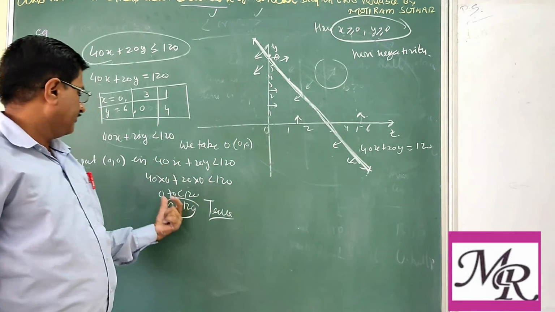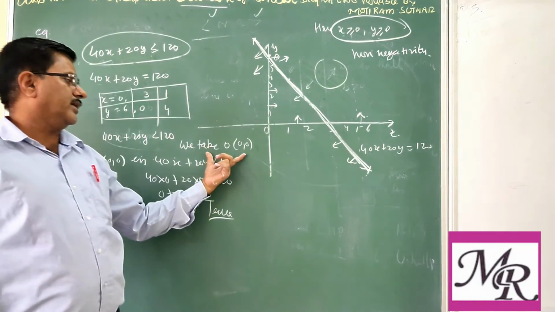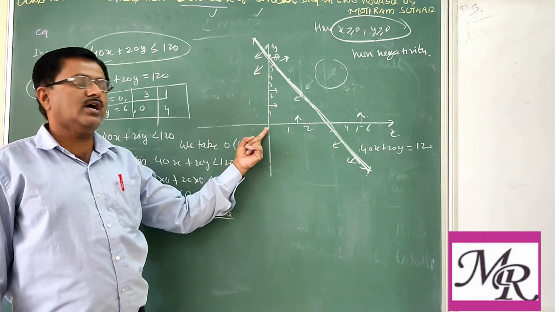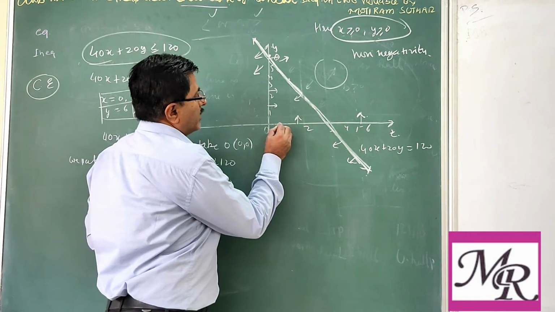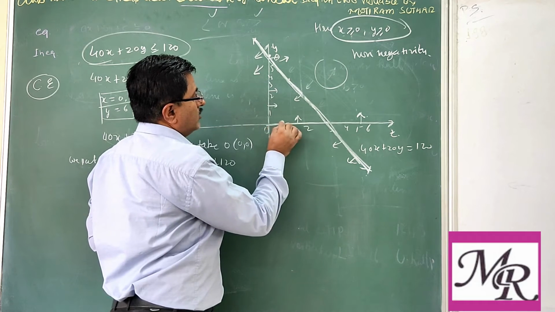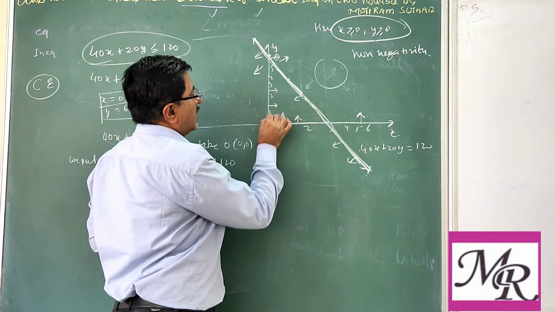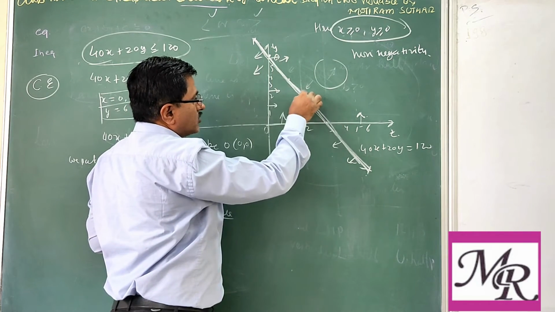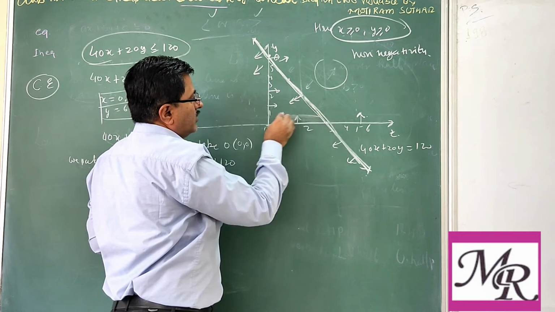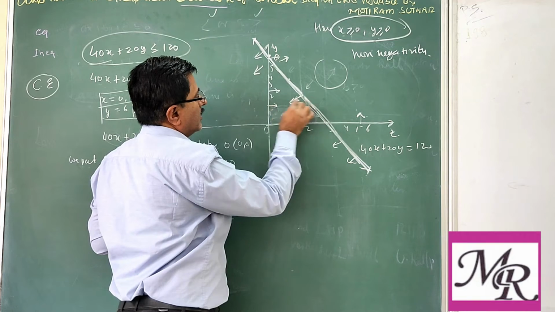And third, we are taking the origin as a solution, considering the origin also. So now combine: this line says the solution will be toward this side. This line says the solution will be toward this line. So the solution will be common to these three conditions.